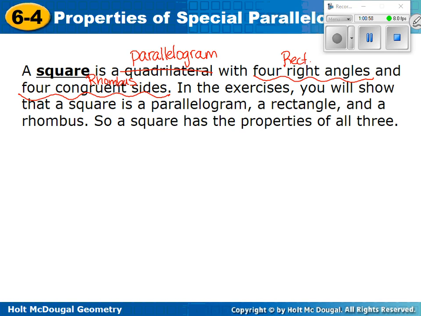And it doesn't have any extra properties. It just has all the properties that we've learned so far. So it's a parallelogram that is also a rhombus and also a rectangle.